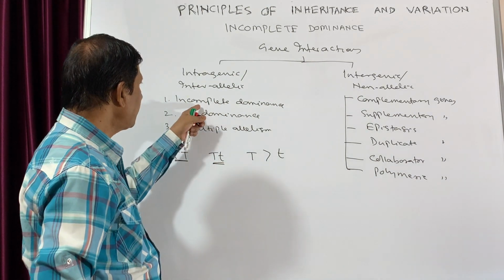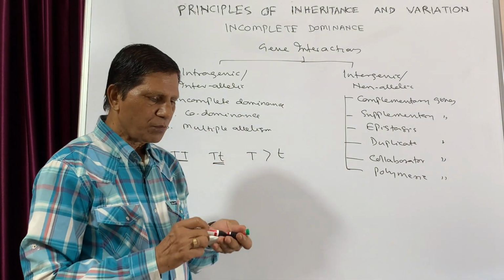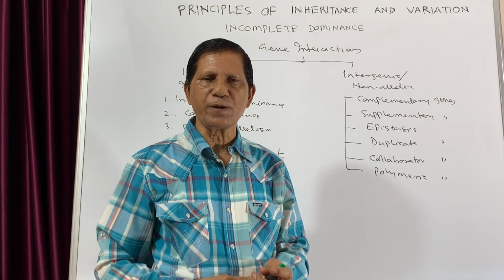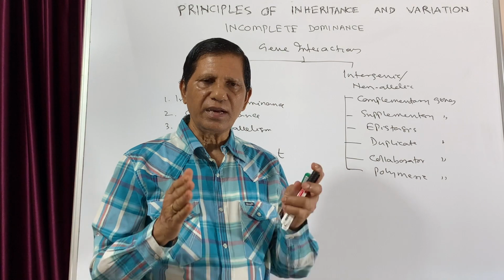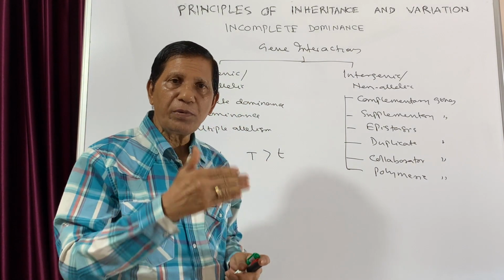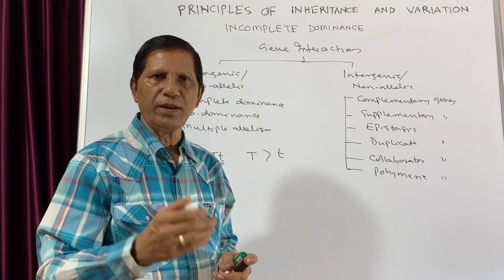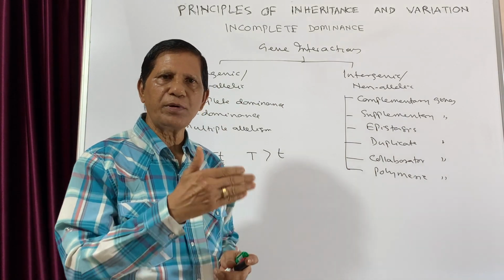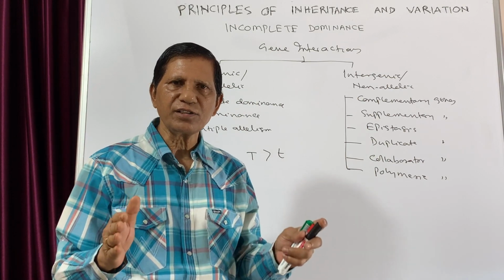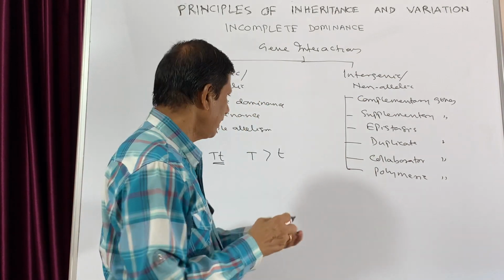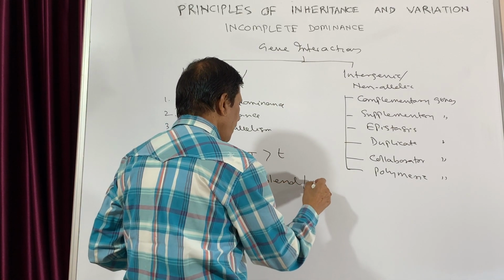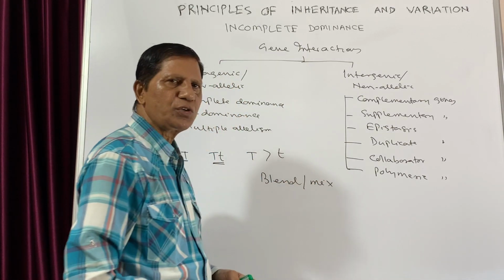But we are discussing incomplete dominance. When post-Mendelian scientists started working on other organisms, they found that one of the alleles is not completely dominating the other one. There is neither complete dominance nor complete recessiveness. Both the characters blend together, or we can say both of them are mixed together.